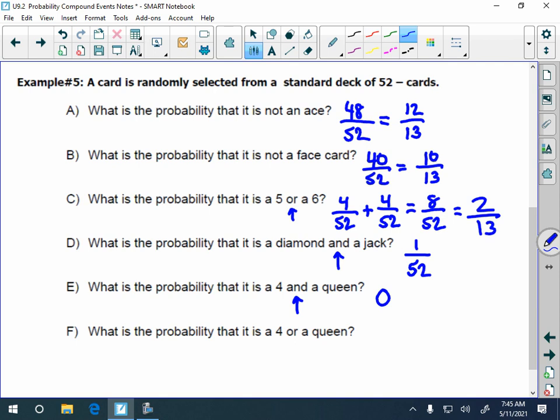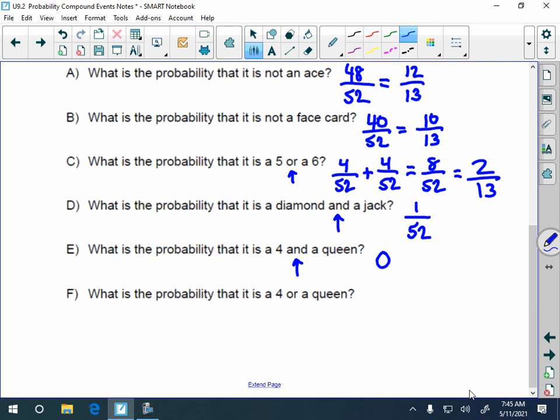And then F, what's the probability that it's a 4 or a queen? So this has the word or in it now. So or, we're going to add. So how many 4s are there? There's 4 of them. Plus, how many queens are there? There's 4 of them. And then we want to check real quick, is there a card that's both 4 and queen?